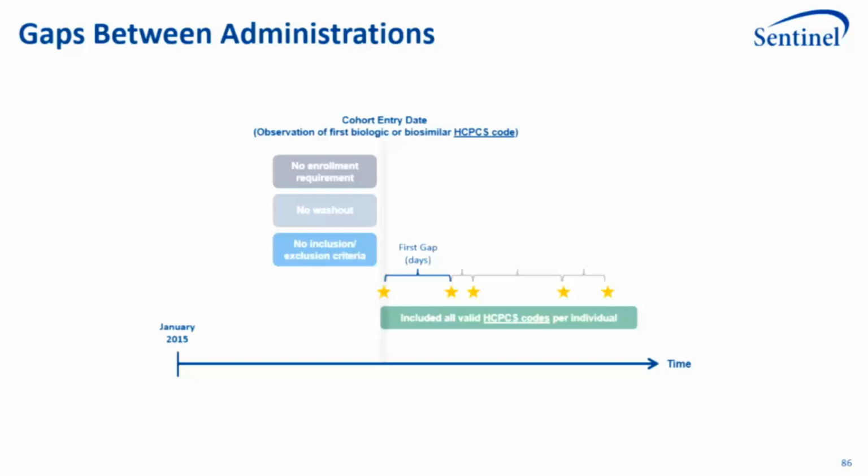In terms of the setup, it's very similar to the first analysis, with very few cohort entry criteria. They only had to have 1 day of medical and drug coverage during the query period, and this is looking at just the procedure codes, so just the administrations. We're going to get information back on the time between the first one and the second one among people who had at least 2.